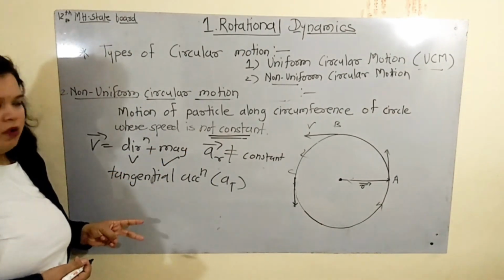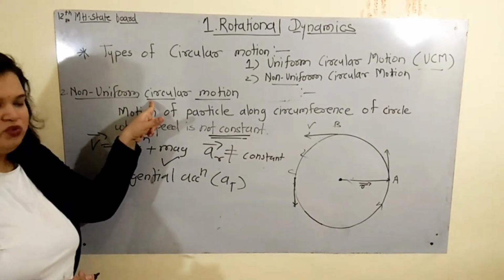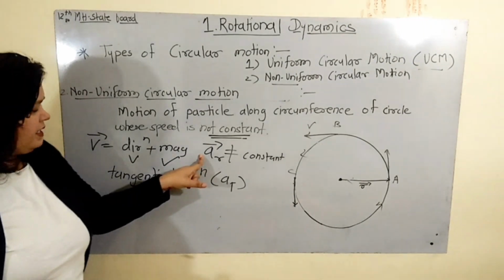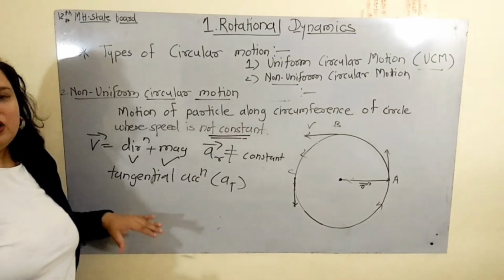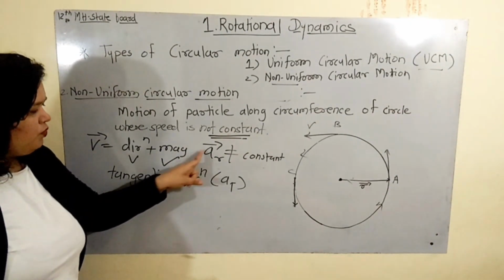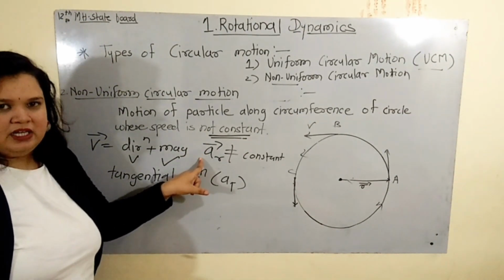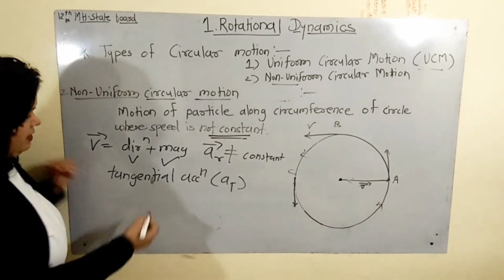Here we have two types of acceleration in non-uniform circular motion. First one is radial acceleration or centripetal acceleration, and second one is tangential acceleration.